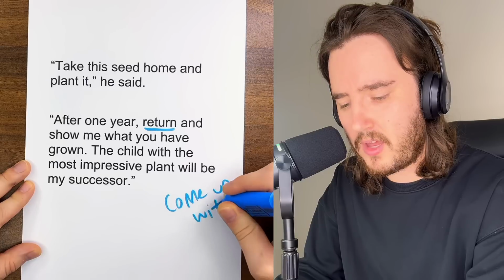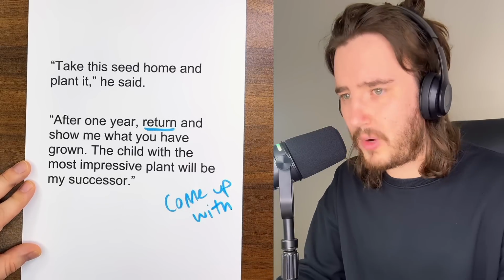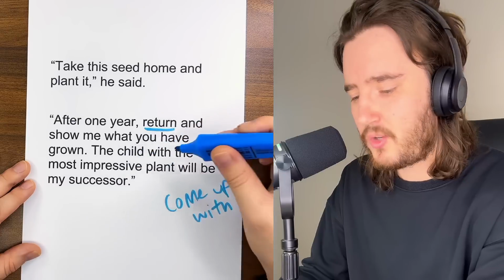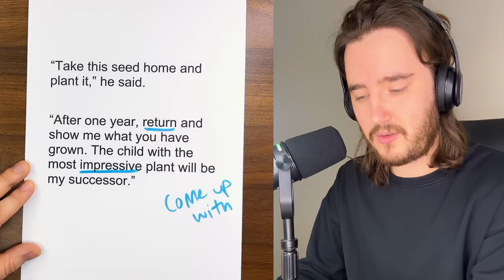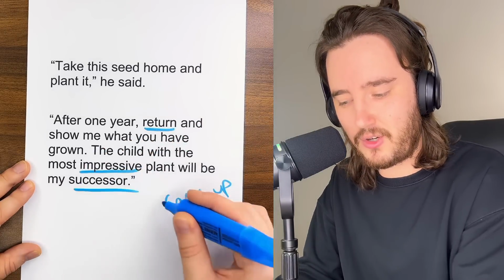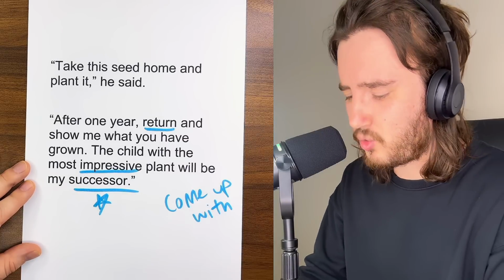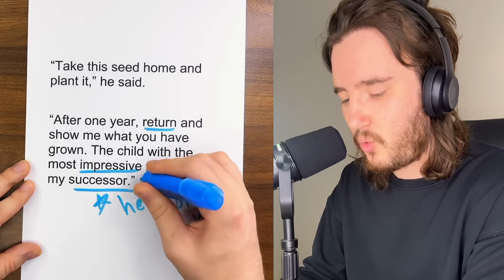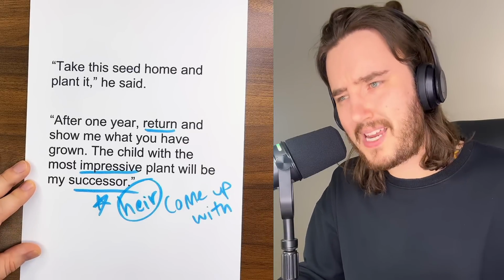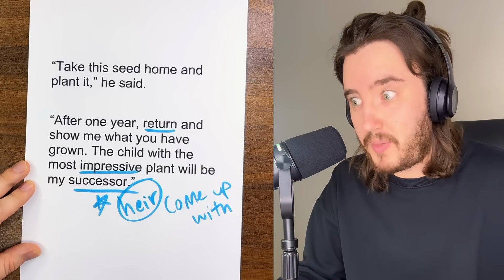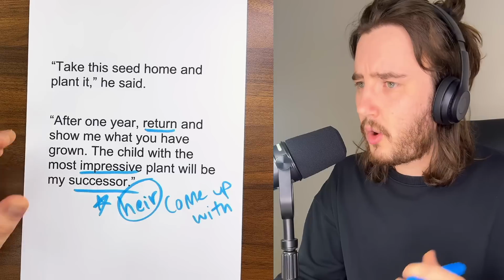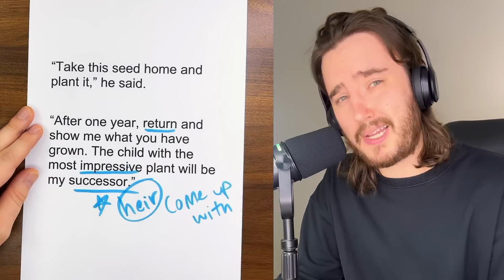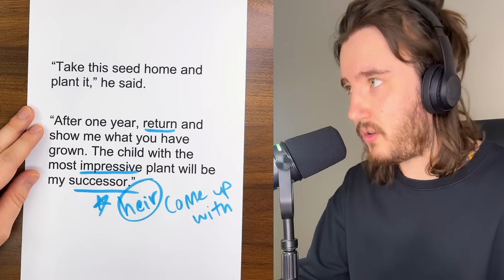Come up with. What were you able to do? What were you able to create? The child with the most impressive plant will be my successor. We just talked about this word successor. The child with the most impressive plant will be my heir, will be the person who will be king after me. So the most impressive plant, that's what the emperor is looking for.